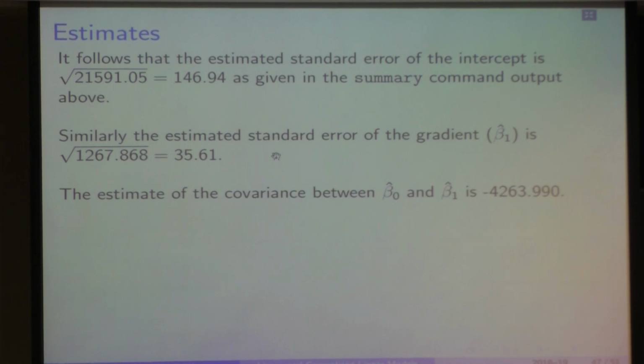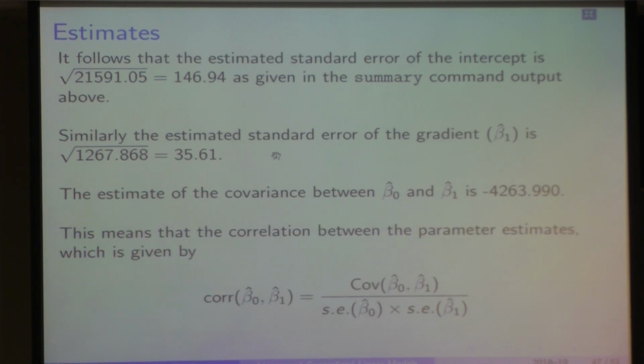So we also get the off-diagonal entry, which is the estimate of the covariance between the estimate of the intercept and the estimate of the gradient. And that turns out to be about minus 4,000. Remember that we can calculate the correlation. The correlation is the covariance divided by the product of the 2 standard errors.